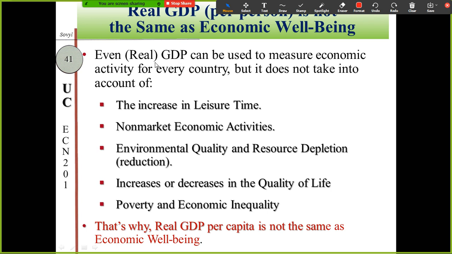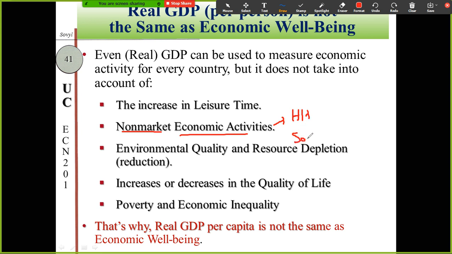Real GDP per person does not take into account non-market economic activity. What does non-market economic activity mean? It is economic activity but not in the market, maybe in the household or in society. When we perform economic activity, we use Q, quantity. In the household we have Q, in society we have Q, but not in the market.